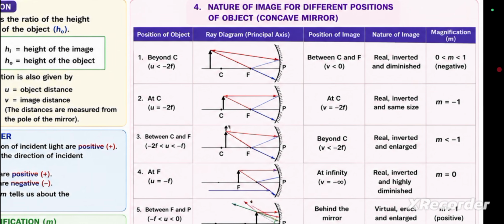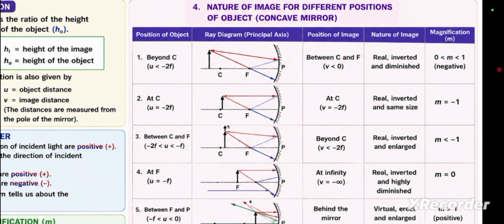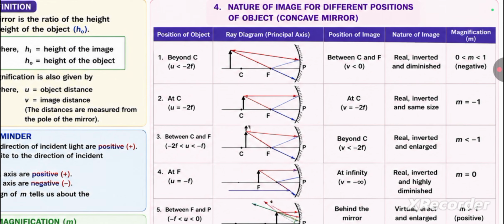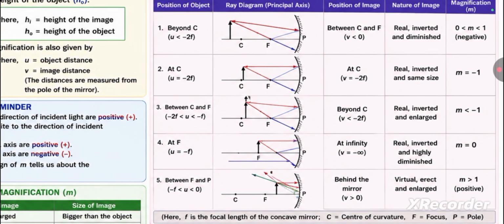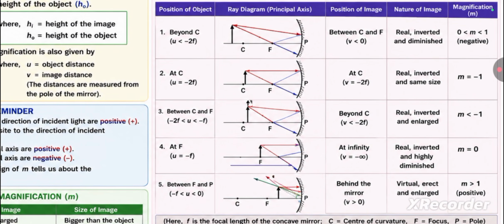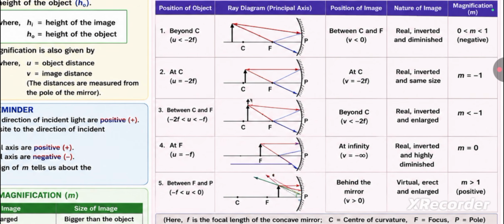If the position of the object is between C and F, that means between 2F and F, then the image is beyond C. Here also the nature of the image is real, inverted and enlarged. Magnification m is less than -1. If the object is at F, then the image is at infinity. The nature of the image is real, inverted and highly diminished, and magnification m is equal to 0.